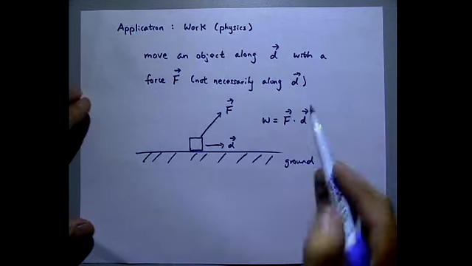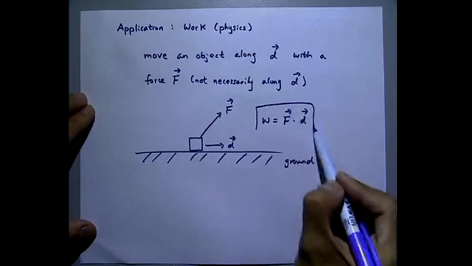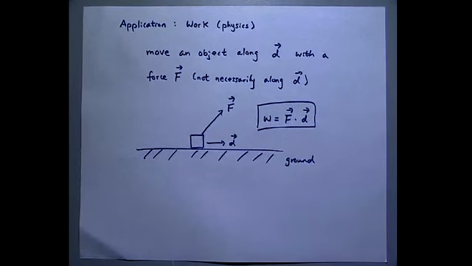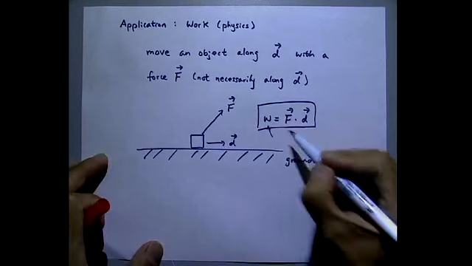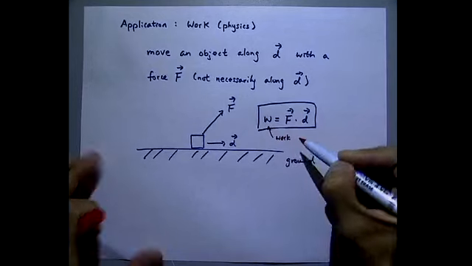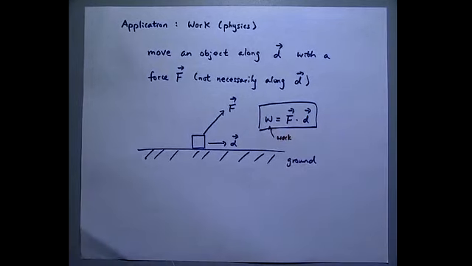So this is work. You take the force, and then you dot it with the direction you want it to go. And that will end up giving you the work.